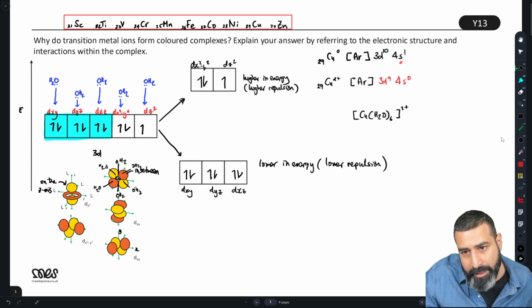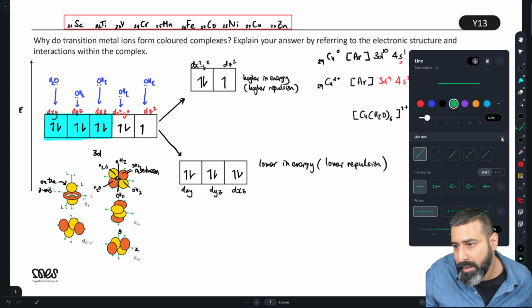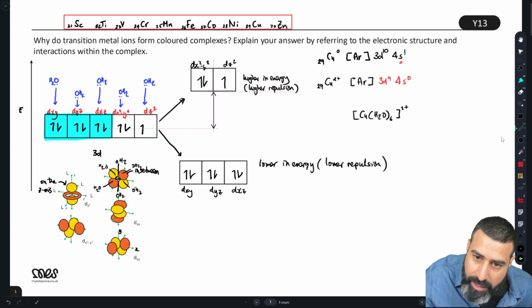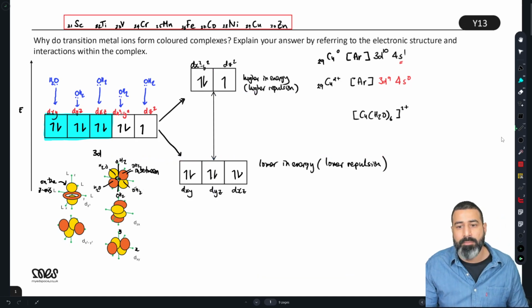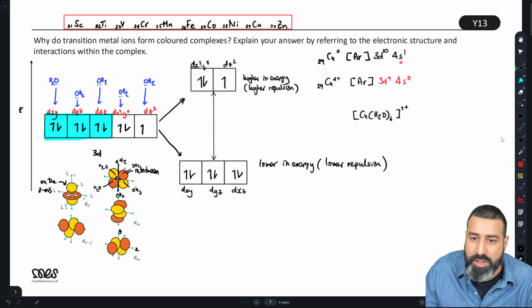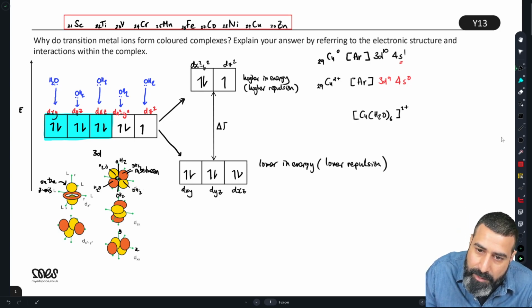This splitting, so this distance here, actually corresponds to visible light in copper 2+. So this splitting corresponds to an energy gap which corresponds to visible light. So this difference in energy corresponds to visible light frequencies.